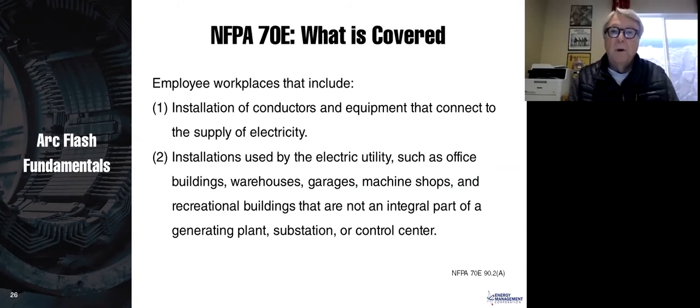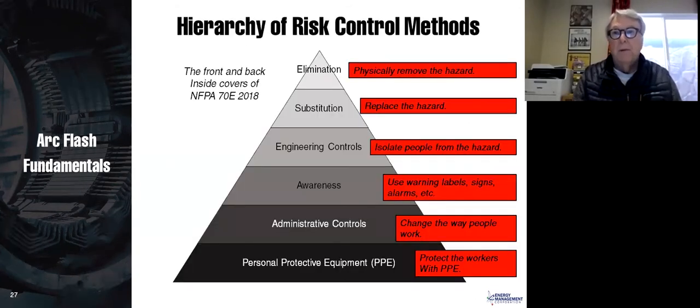You'll be happy to know that your house, since that's not an employee workplace, is not covered. Although, if you want to get picky about it, the standard says that if you put a home office in your house, it becomes an employee workplace and you are covered. But I don't know of any time OSHA has gone out to people's houses in order to fine them based on non-compliance with NFPA 70E.